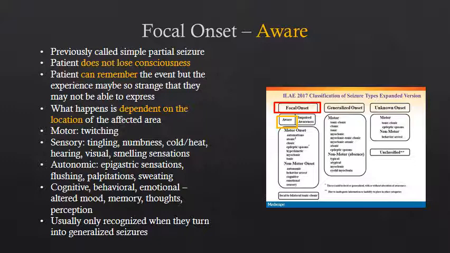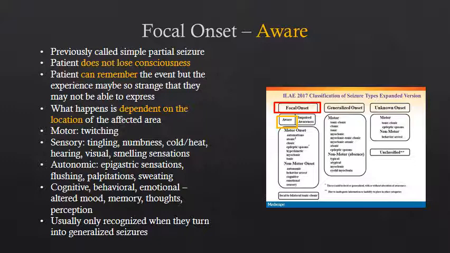The patient can remember the event, but the experience may be so strange that they may not be able to express what exactly happened. What symptoms they experience is dependent on the location of the affected area of the brain. Different patients can have different types of presentations.